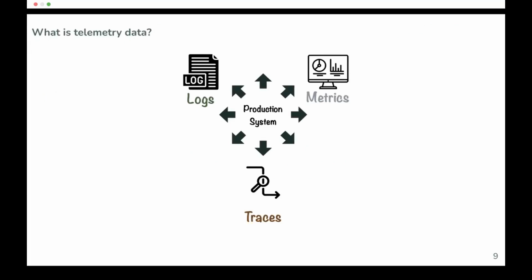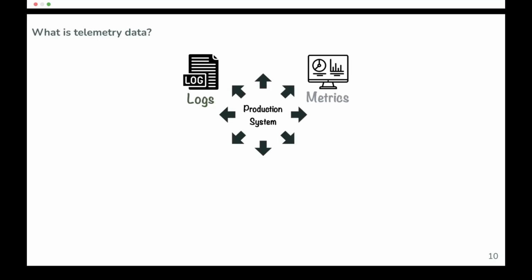Telemetry data is data that production systems emit to provide feedback about what's happening inside the system. The three main telemetry data types used in software engineering are logs, metrics, and traces. We are concerned primarily with logs and metrics.